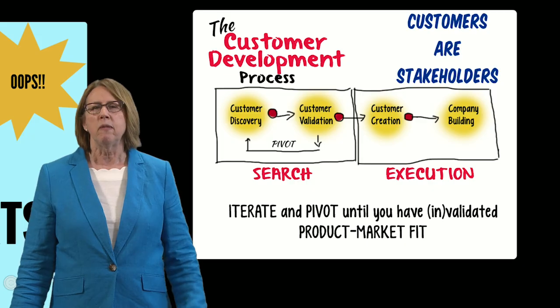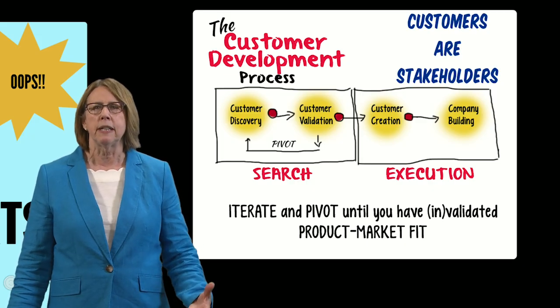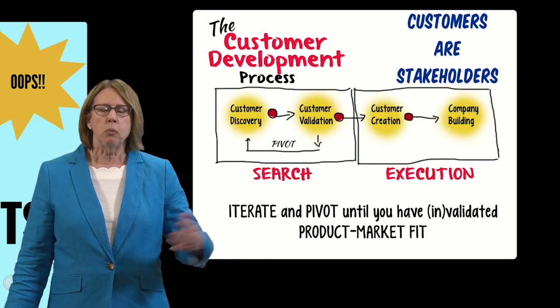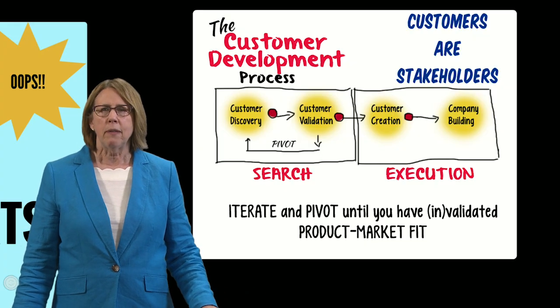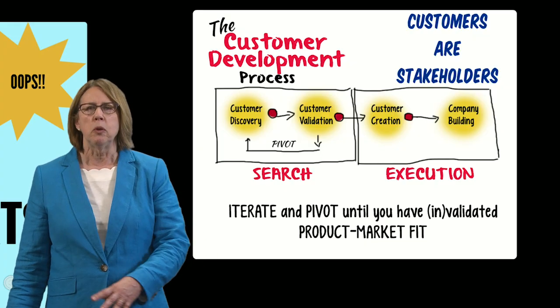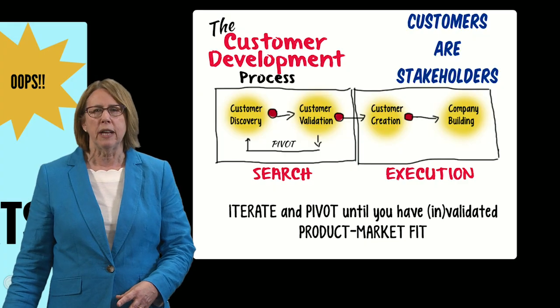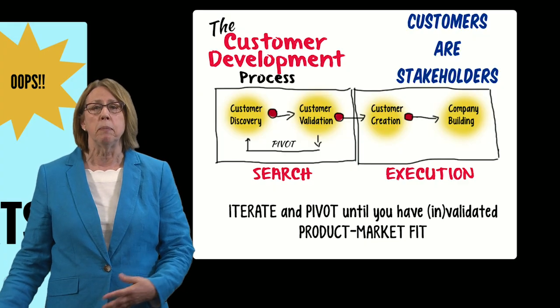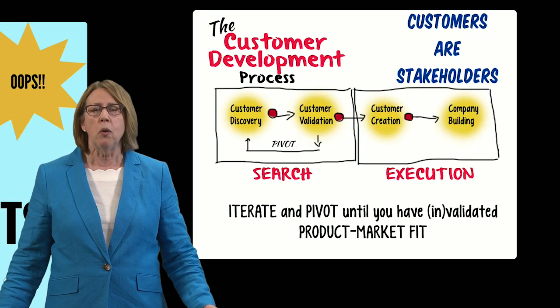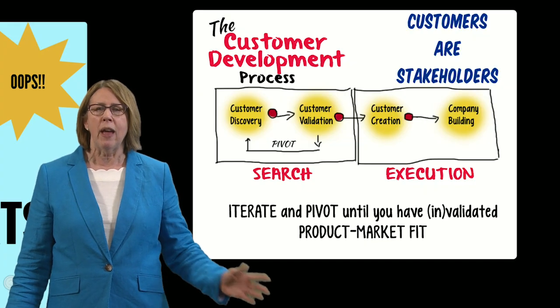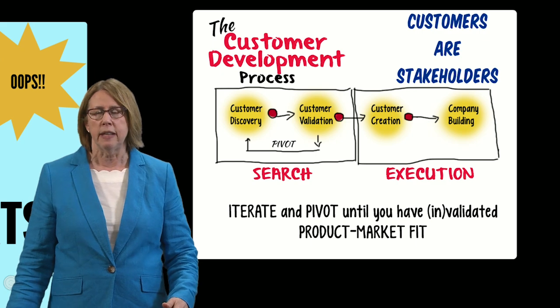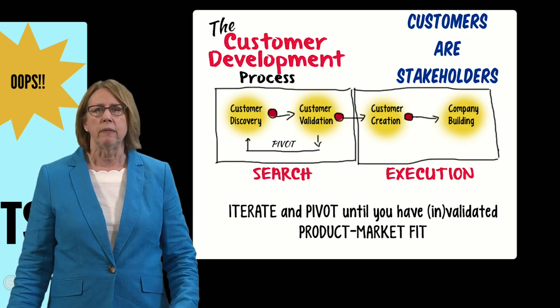And you will then validate that relationship in some way. That's where the pivoting comes in, before you've spent significant money. After the fact, then you move into what's called customer creation, where you're actually selling and building the business. So the core point here is that you're going to iterate until you've either validated or invalidated your value proposition.